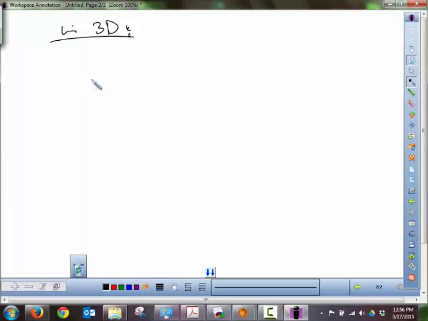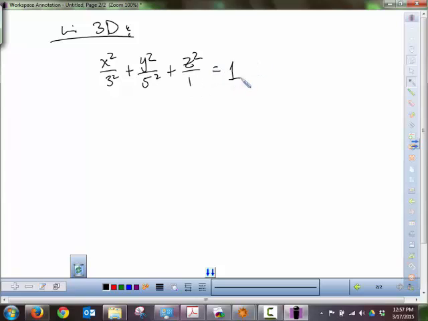So in 3 dimensions, let's take, I don't know, an ellipsoid or something. x squared over 3 squared plus y squared over 5 squared plus z squared over, let's just make it over 1, is equal to 1.